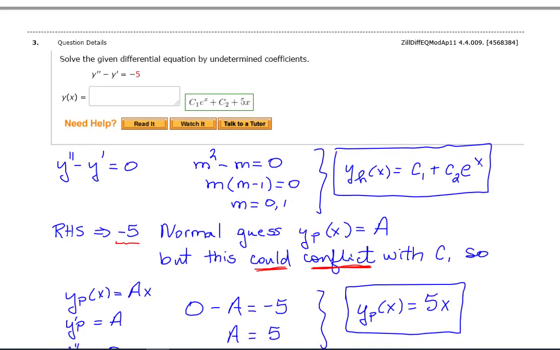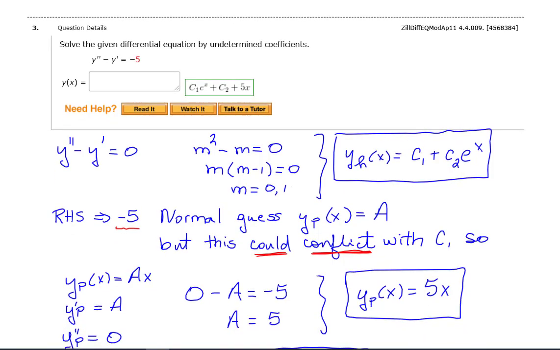All right, question 3. So I form the homogeneous equation, and m squared minus m is 0. So I get m is 0 and 1.